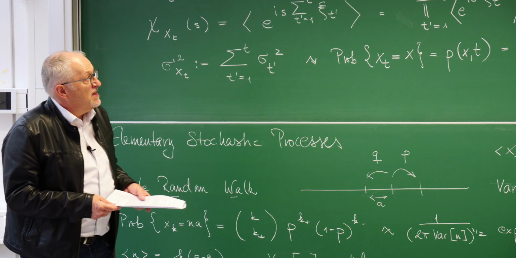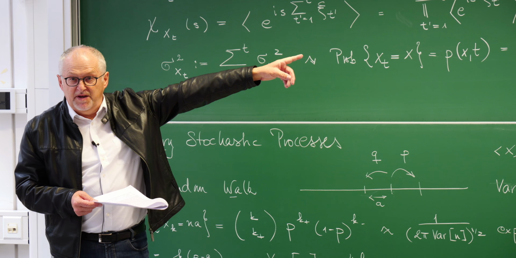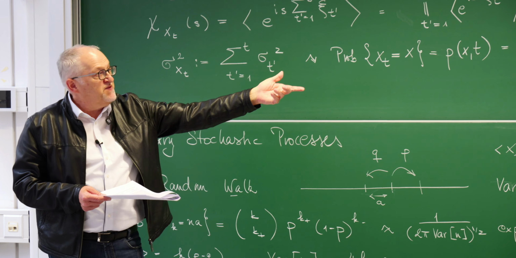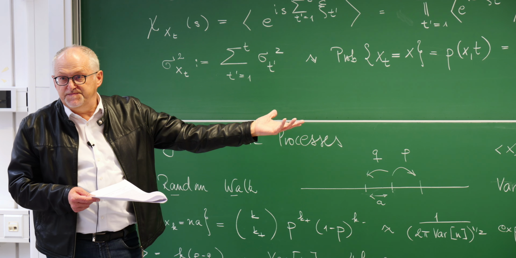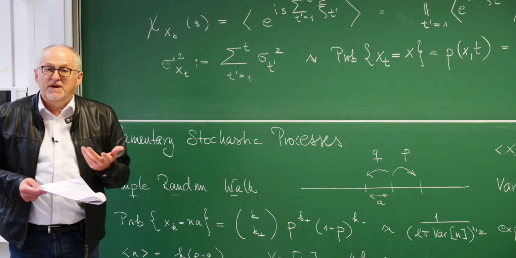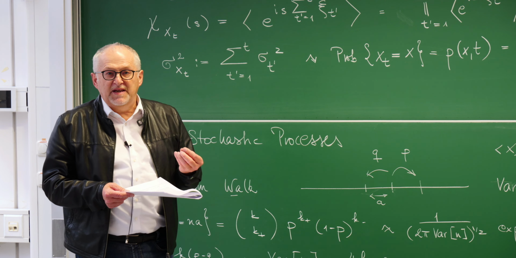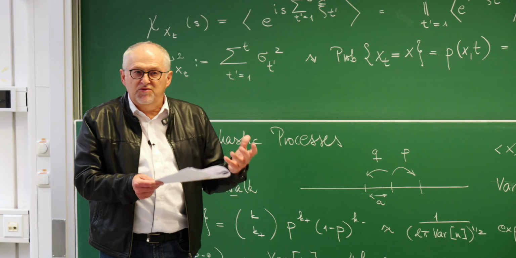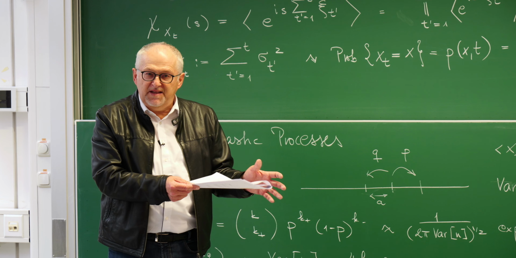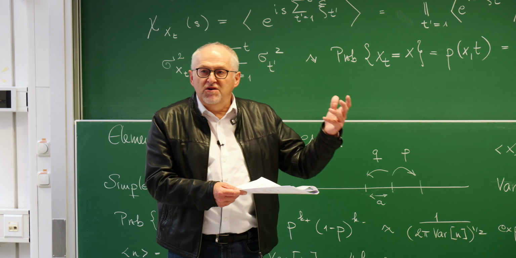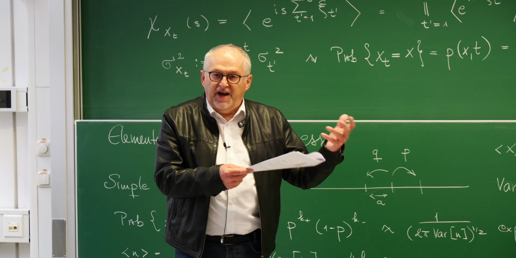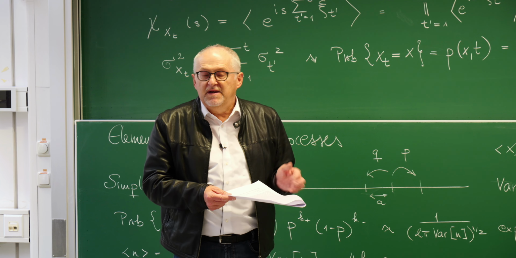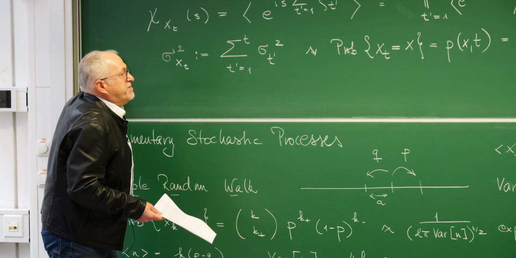So here we are, and if you compare it to the formula that we obtained starting from a simple random walk in the limit of the central limit theorem, that's the same result. Okay? So in a way, the Gaussian distribution is a fixed point of a random walk, independent of how you really construct the microscopic details of the random walk. In the long run, you will arrive at a Gaussian distribution, which is kind of the universal behavior of a random walk.